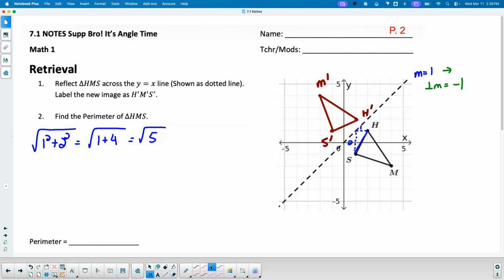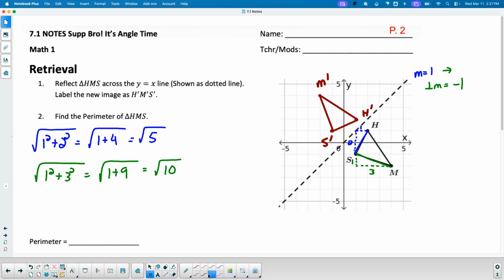Then I can find this green side length in here. That's got 1 and 3 for its side lengths. So that's going to be the square root of 1 squared plus 3 squared. 1 plus 9 is 10.